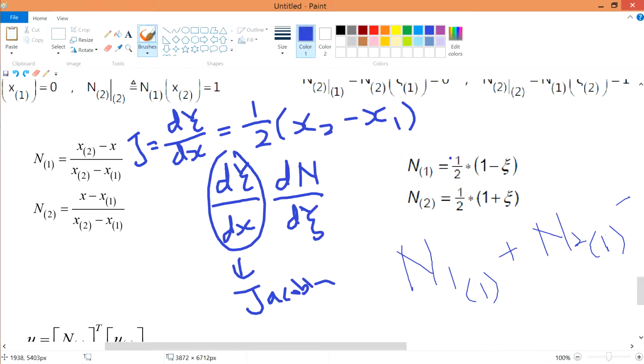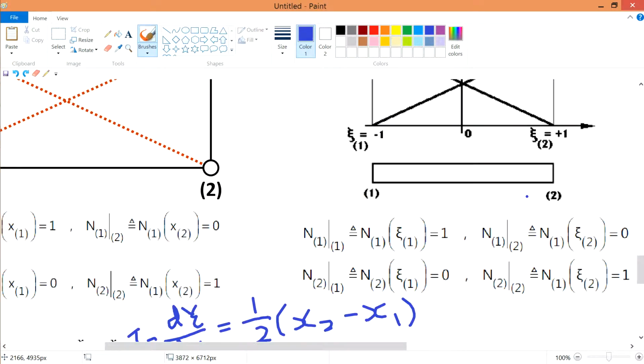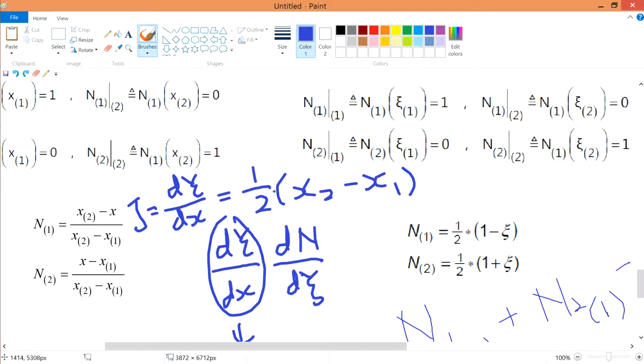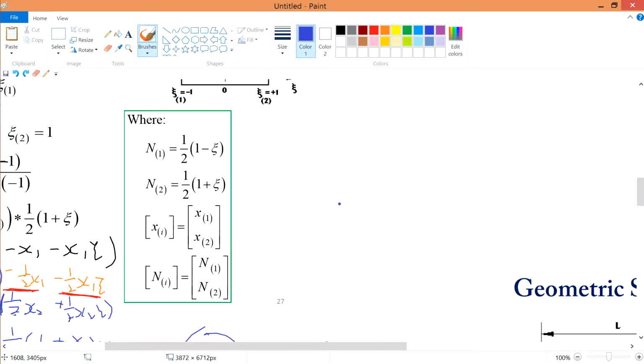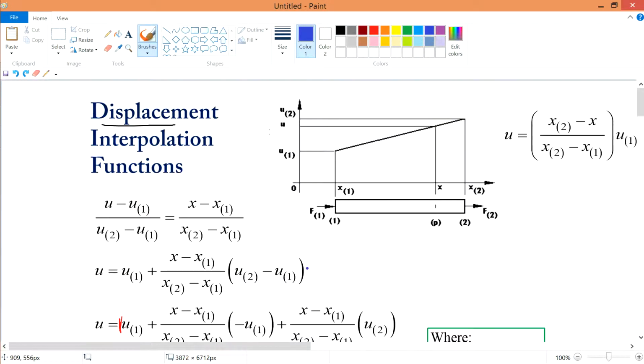Because this half times 1 minus c is talking about half of the beam, if you still remember. Thinking about this half of the beam, we're talking about only one piece of it. Or you can simply say that x2 minus x1, if you go all the way to the interpolation, is simply this length over here.